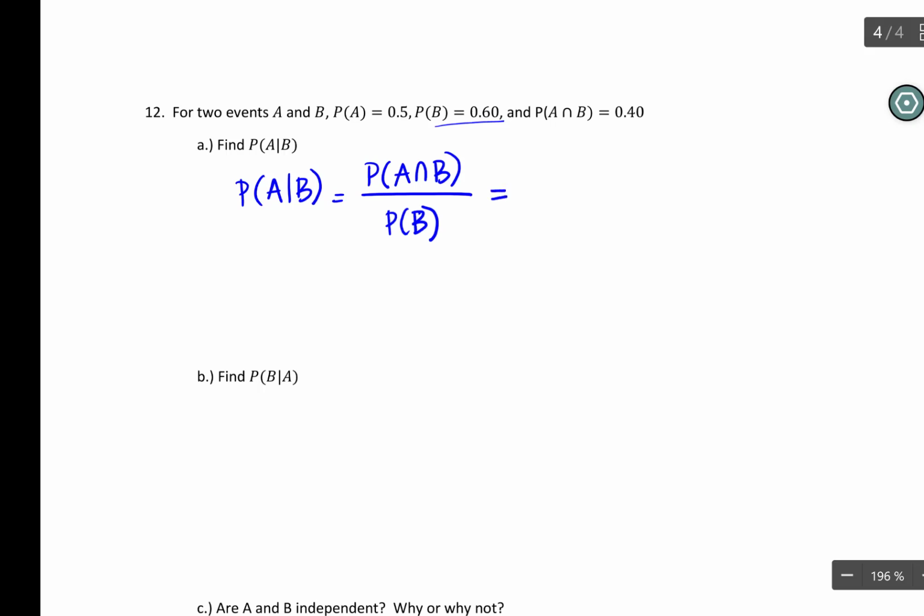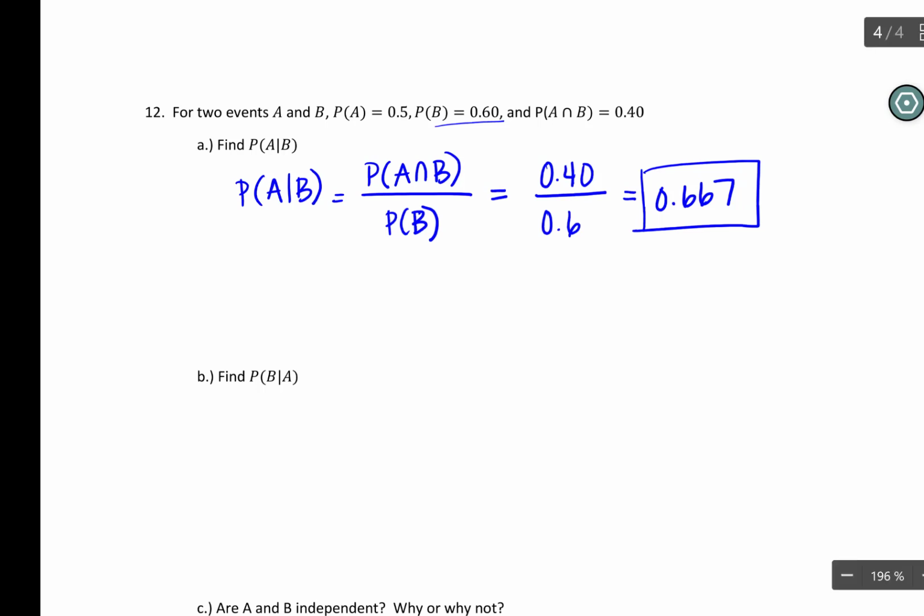So now we need to go ahead and plug into our equation. So we're told that the probability of the intersection is 0.4, and the probability of just B is 0.6. So 0.4 divided by 0.6 is 0.667. So the probability of A, given that B happened, is 0.667.